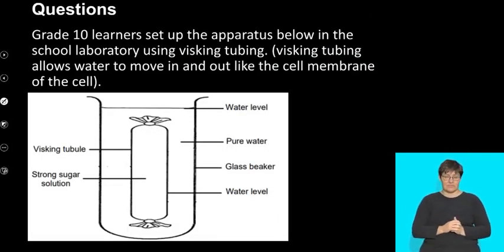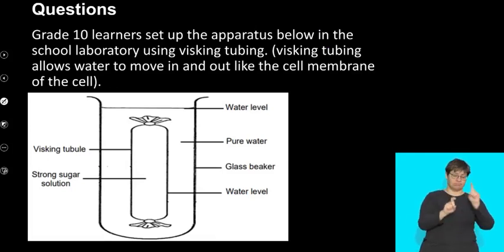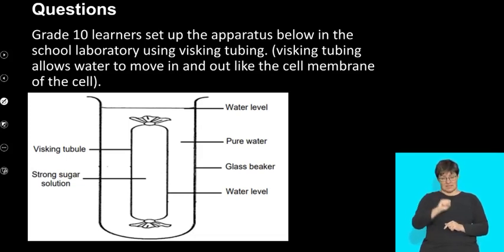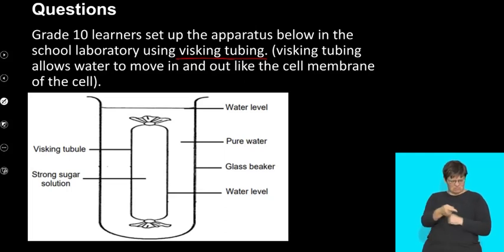Okay, so here is a possible question that we can ask you relating to the process of osmosis. So here we have grade 10 learners. They set up an apparatus below in the school lab using visking tubing. You might never have heard of visking tubing before, but in brackets they've explained what it is.